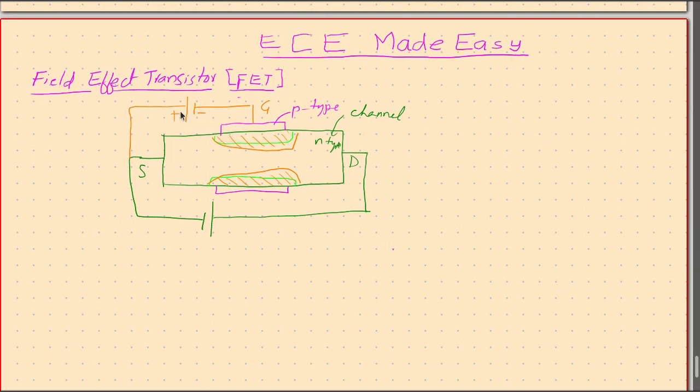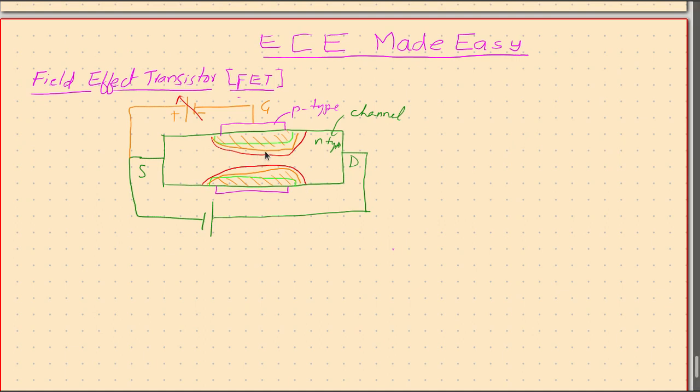So whenever a reverse bias is applied to the junction, the depletion layer will increase in its size, and with increase in the applied potential, the depletion layer will also increase.